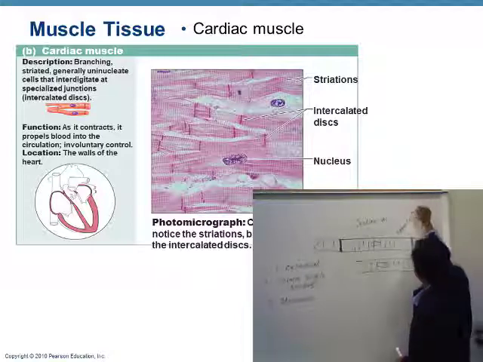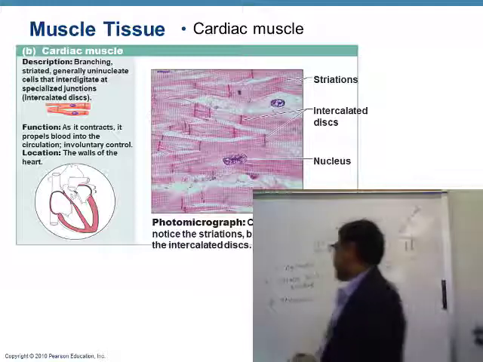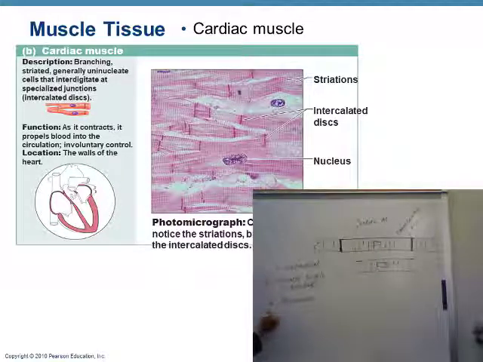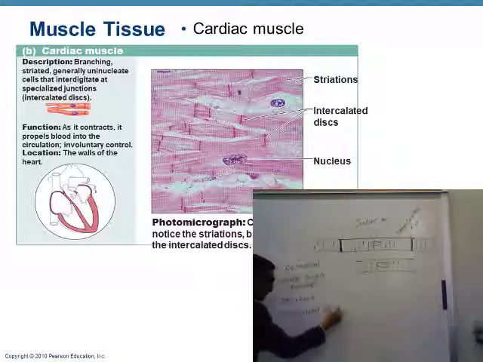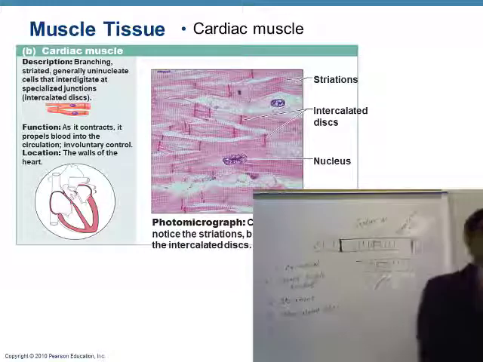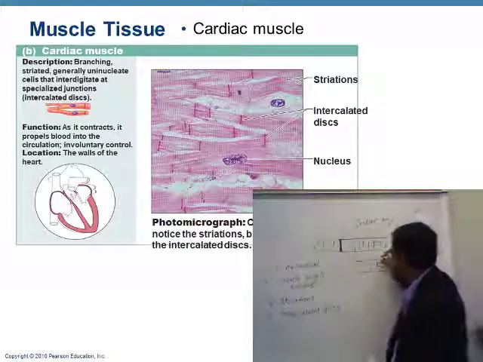Intercalated discs. Okay. So present only in cardiac muscle tissue. And another thing only present in cardiac muscle, that is called branching.